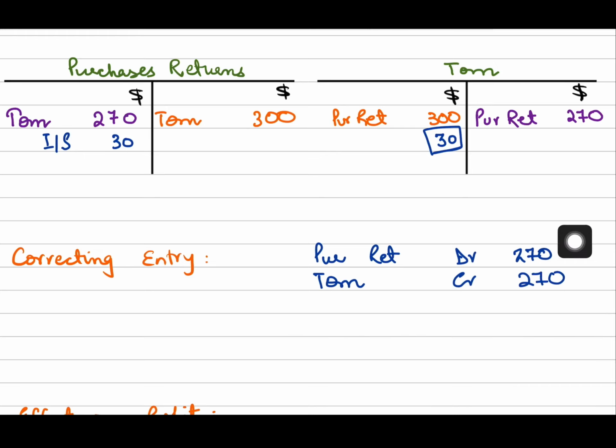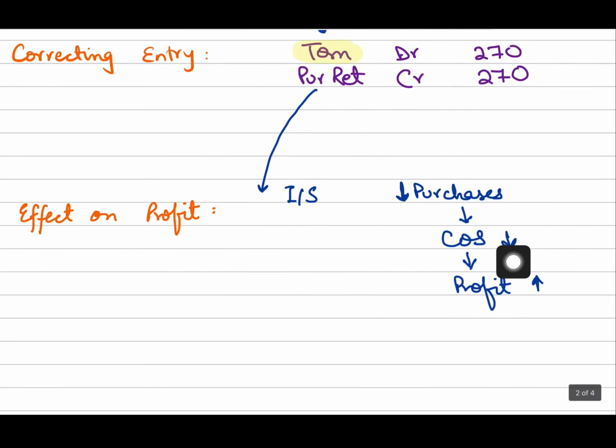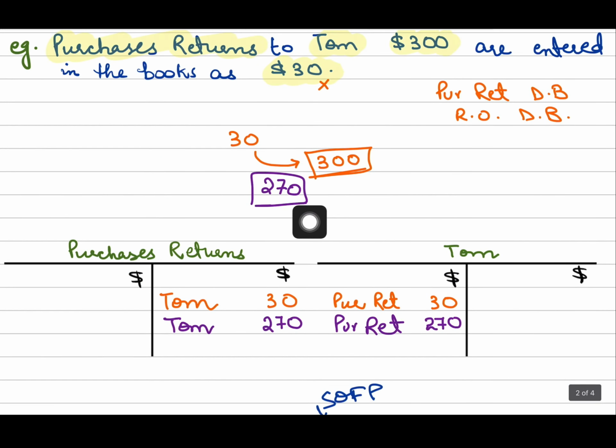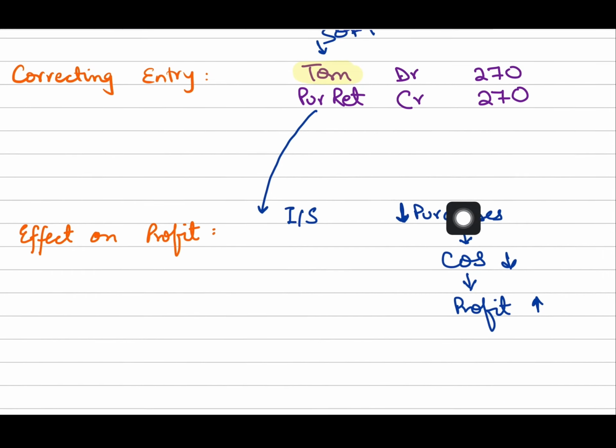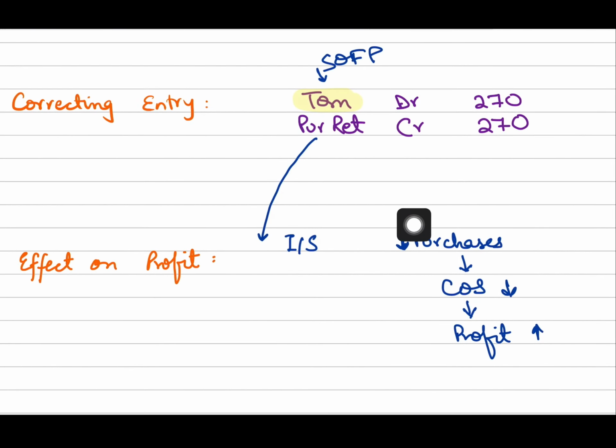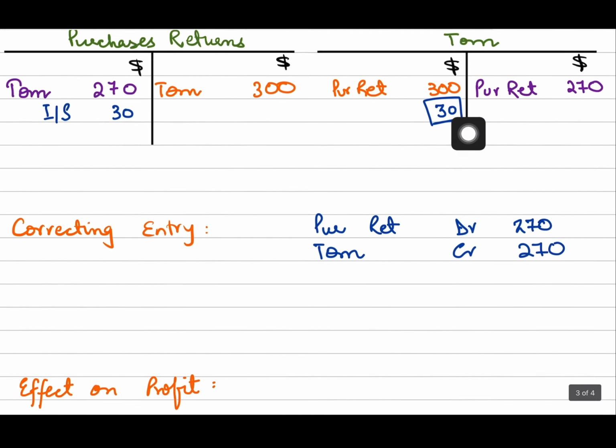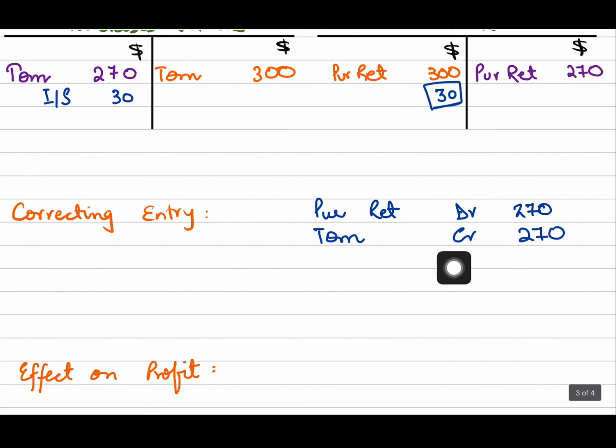So the amounts remained the same in both the scenarios. That was the difference between the correct and the wrong amount of the transaction. However, the double entry, the accounts have now been switched, or you can say reversed. Previously Tom was being debited in order to increase the value of the transaction. Now Tom is being credited in order to decrease the value of the transaction, and same goes for purchases returns as well.